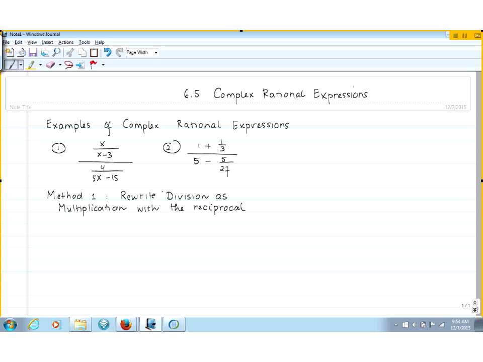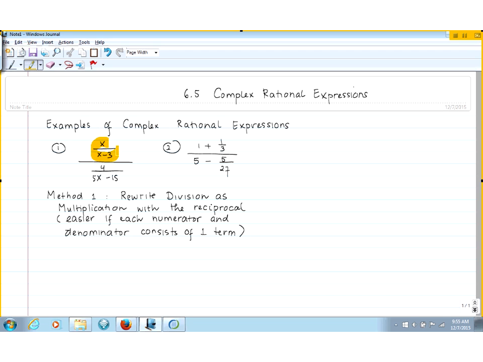Now, when is it easy to use? This is easier if each of the numerator and denominator consists of one term.